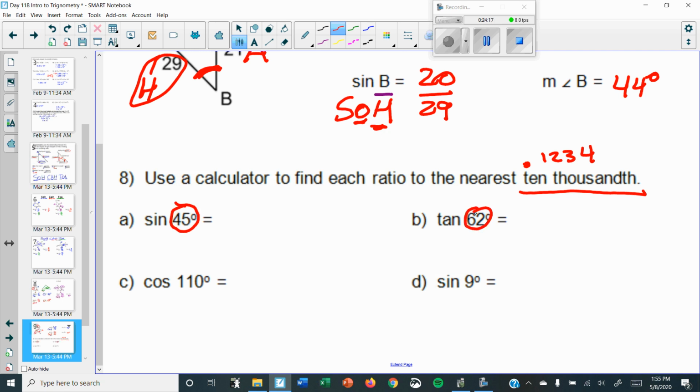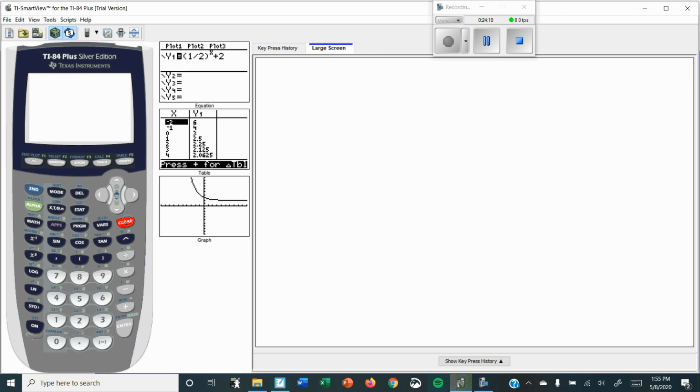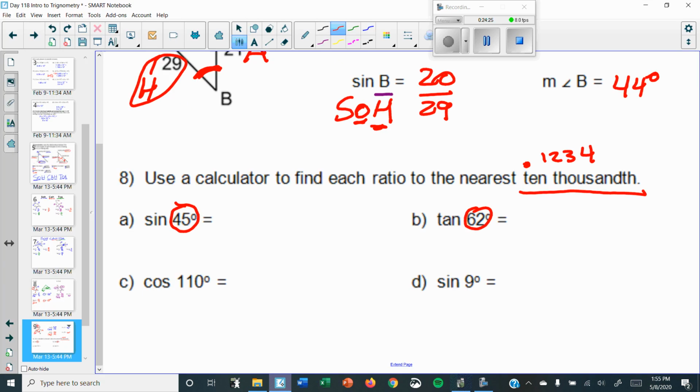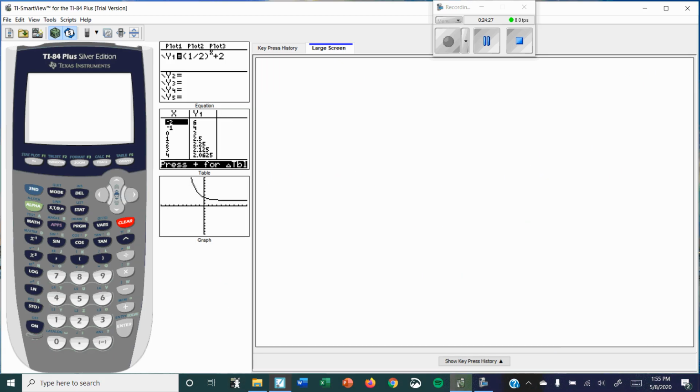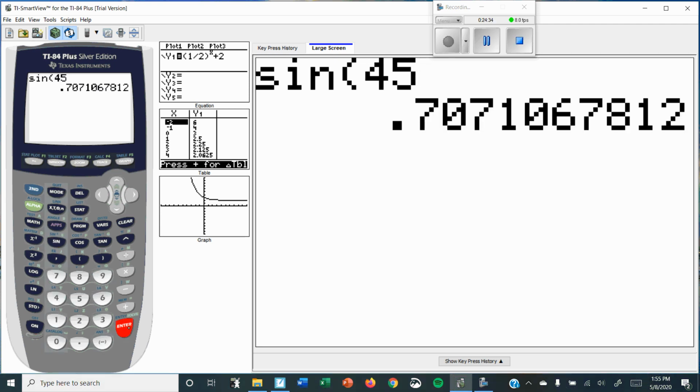So remember how I told you on your calculator, to find an angle, you're going to press second sine, second cosine, second tangent? Well, if they give you the angle, so they're giving me 45, you're just going to press the regular sine button. So I'm just going to press regular sine, 45. And you get that, 0.70710.